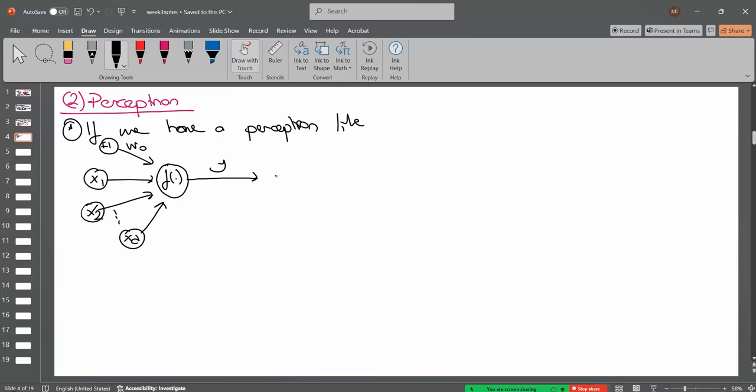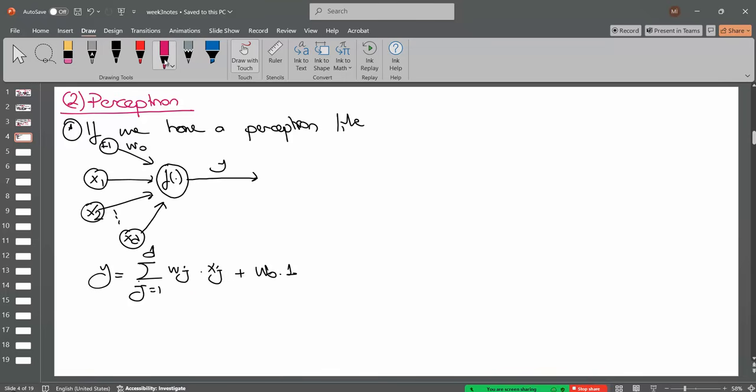In the mathematical representation, we can write y equal to the sum over j, starting from 1 up to d, because we have d input neurons, so we multiply wj times xj plus w0 times 1.